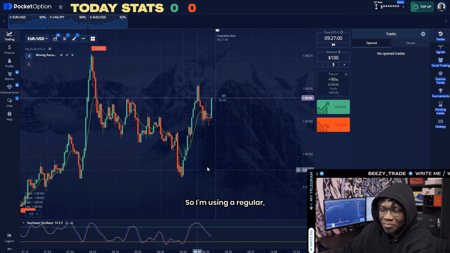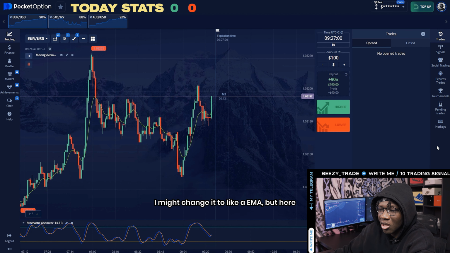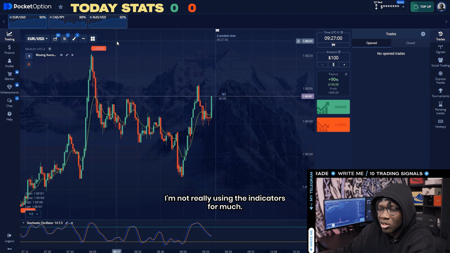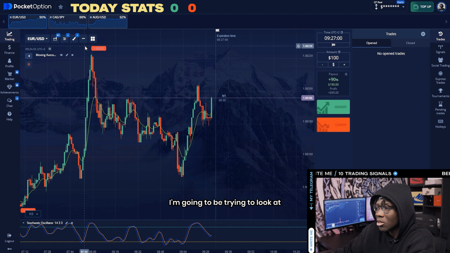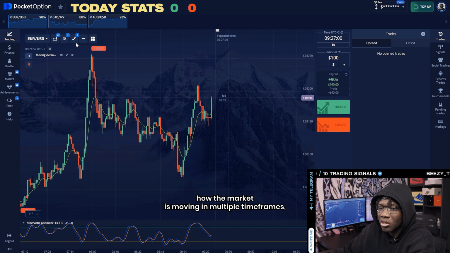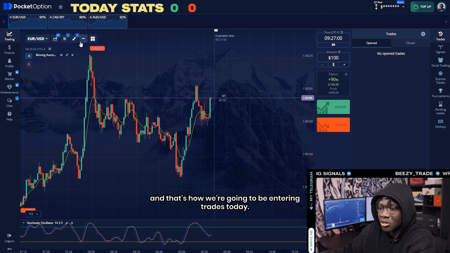So I'm using a regular moving average. I might change it to an EMA, but here I'm not really using the indicators for much. Here I'm going to be trying to look at how the market is moving in multiple time frames, and that's how we're going to be entering trades today.